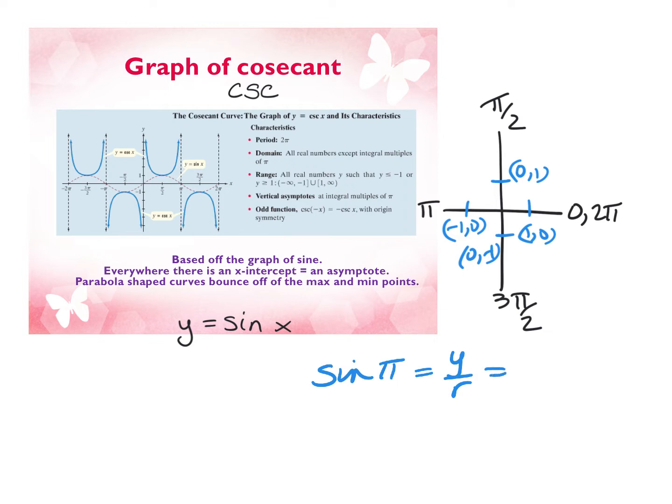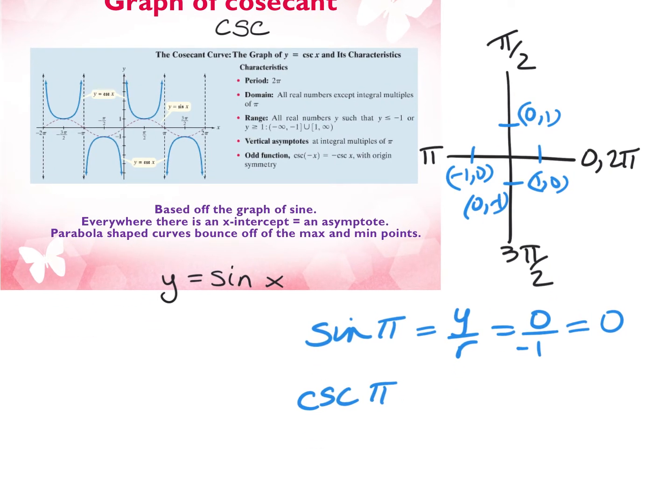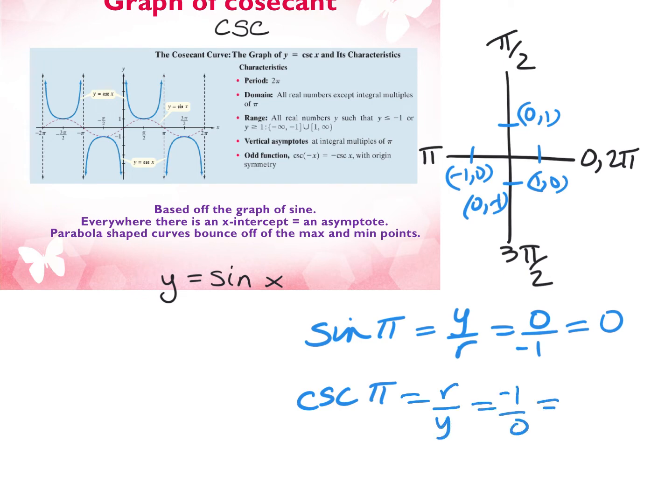So it's 0 over negative 1, and anything 0 divided by anything is just 0. And then for the reciprocal, cosecant, you flip it, r over y, 1 over 0, negative 1 over 0, and this is undefined.